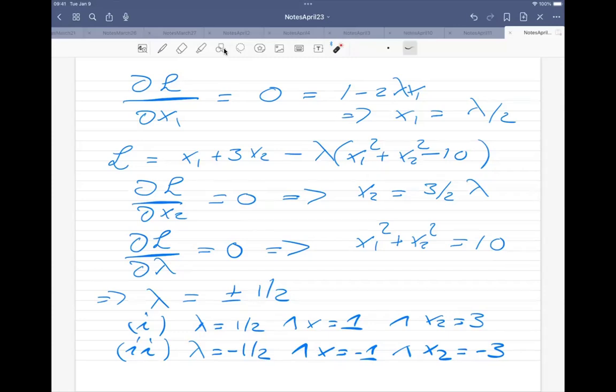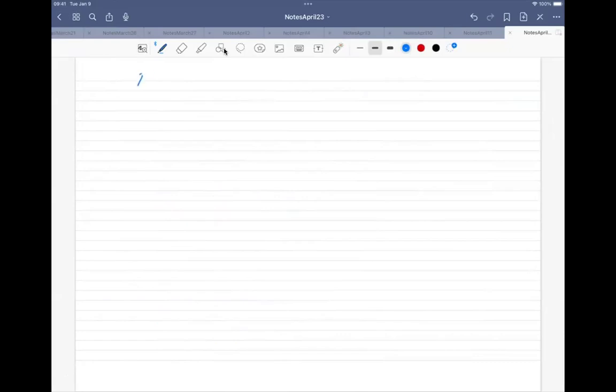In the optimization, in order to find the stationary points, it suffices just to take the gradient of the function f of x, which we want to optimize. That means that we can put lambda equal to 0, because in that case it means that the constraint is no longer active in the optimization problem. And you can see that immediately if you look at the next example.